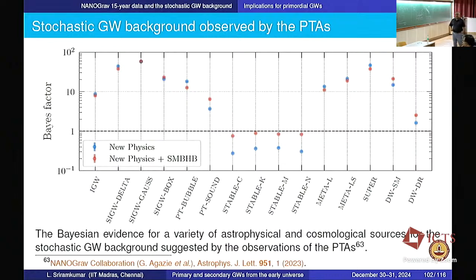Remember, my power spectrum had this rise and a fall, and often for simplicity, if you don't want to focus on the generation but on the impact on the observables, people typically assume a log normal distribution for the power spectrum, and that's what is referred to as Gaussian, and that fits the data remarkably well when compared to this astrophysical model involving mergers of supermassive binary black holes.